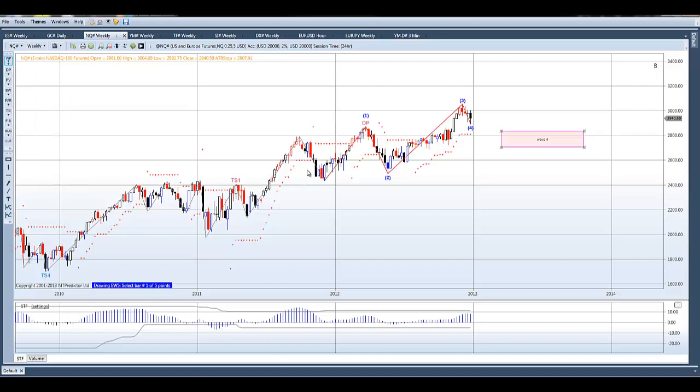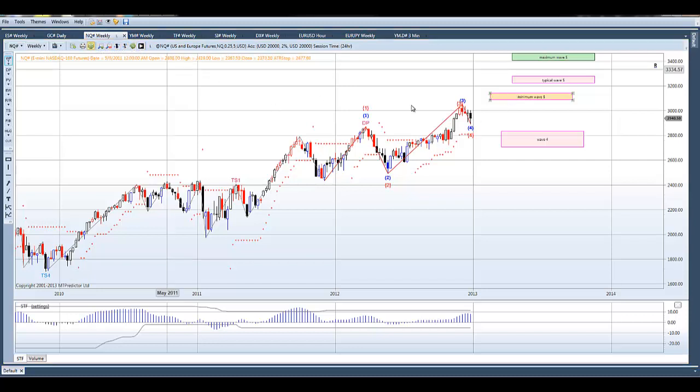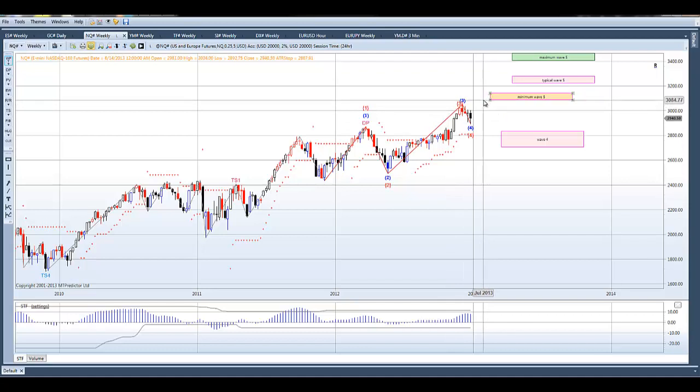Alright, let's go up wave 5 here. And here's the minimum wave 5 target. It looks just above the wave 3 swing there, and so that's going to come in around 30.93, the minimum wave 5.